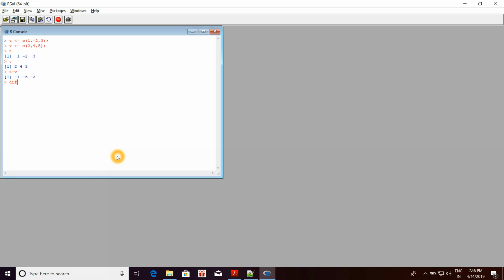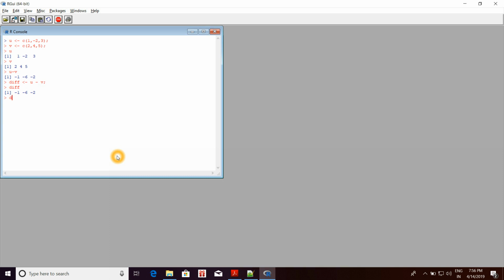So the difference is u minus v, so the difference is this, and then the square. We have to get the square of each individual element.